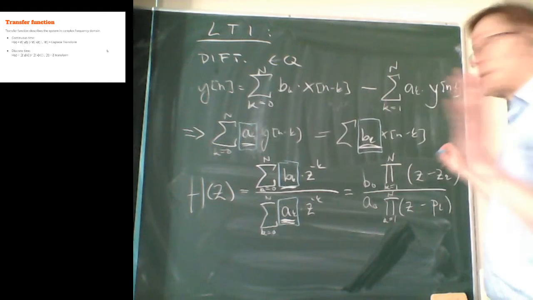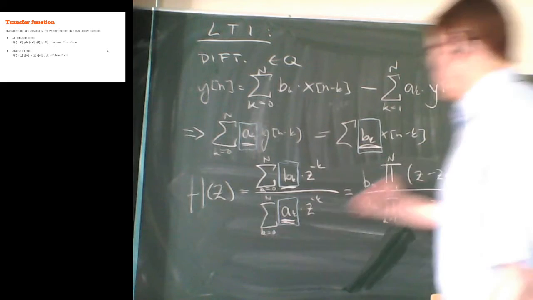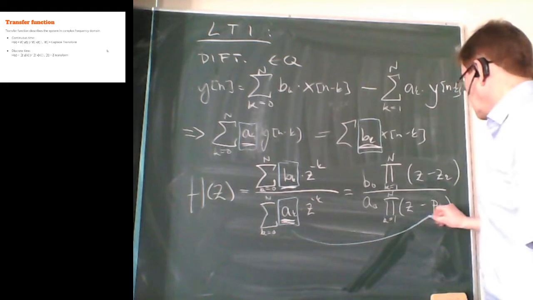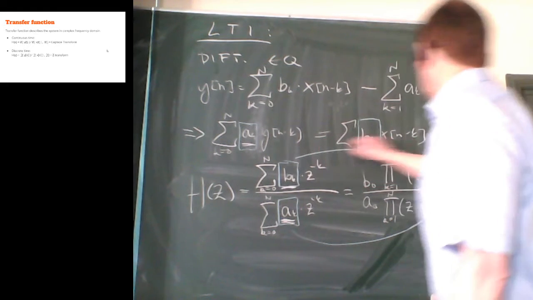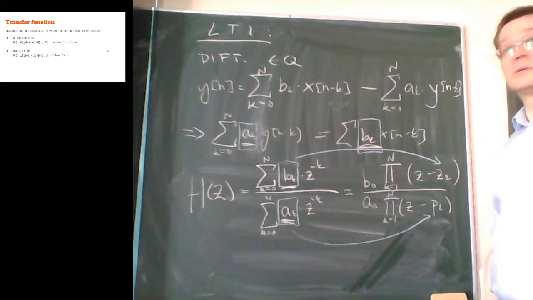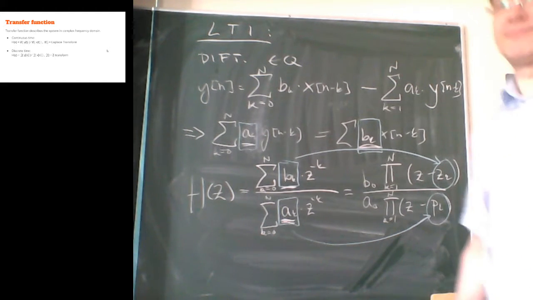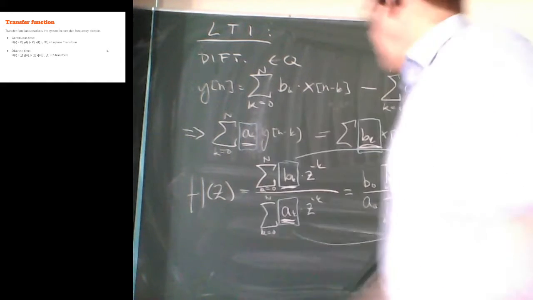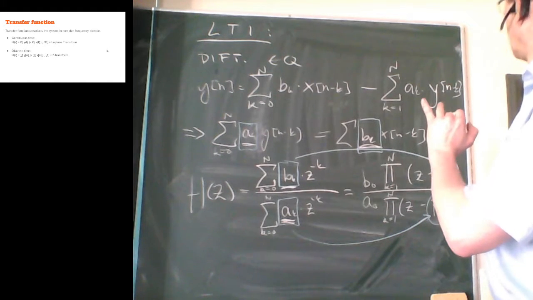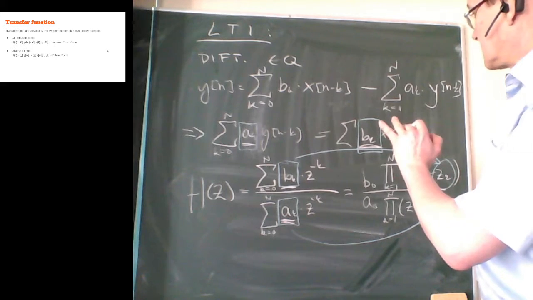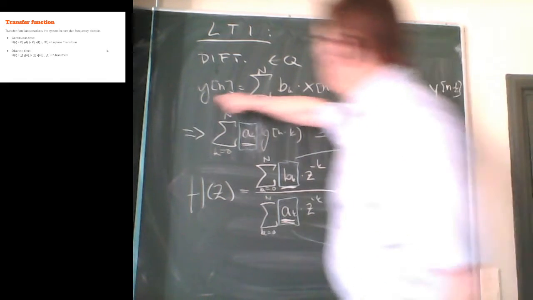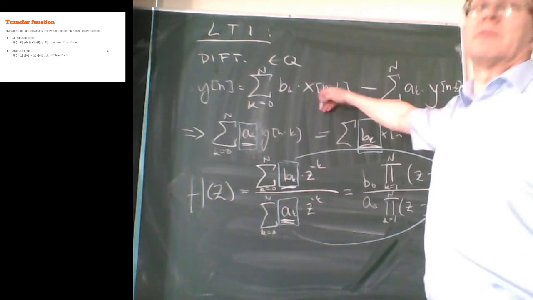And basically those parameters will actually transform into zeros and poles of the system. Okay, this actually is one implementation of the system.